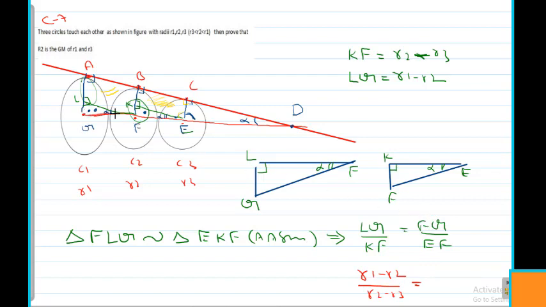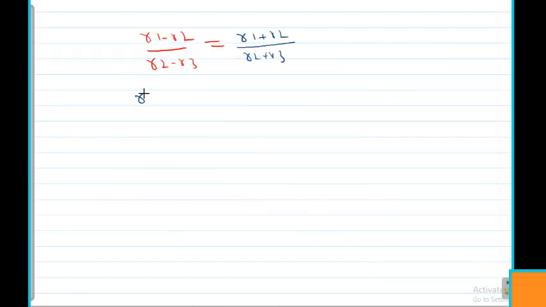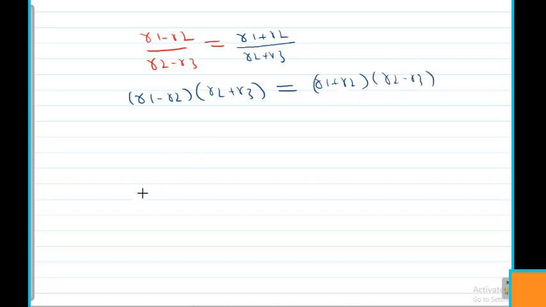FG means this radius plus this radius, R1 plus R2, by EF, which means R2 plus R3. So (R1 minus R2) times (R2 plus R3) equals (R1 plus R2) times (R2 minus R3). We just multiply.